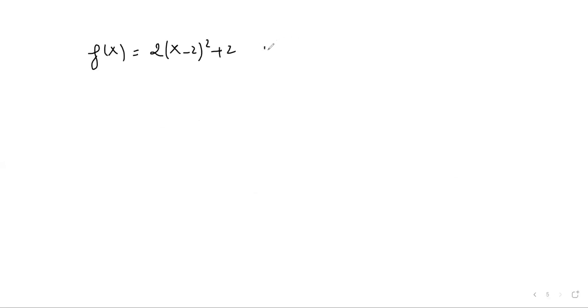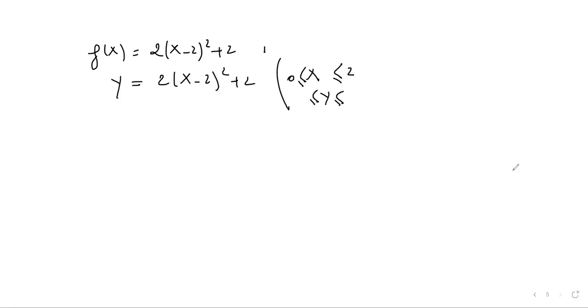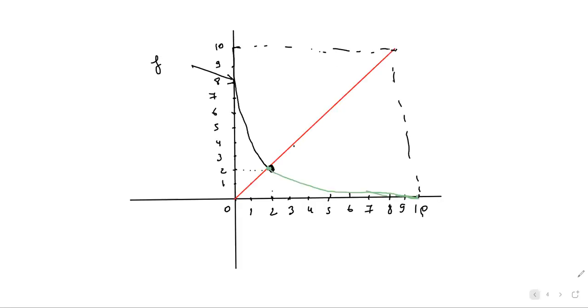And I would like to remind myself of the domain and the range. If I write y equals 2(x minus 2) squared plus 2, I have x between 0 and 2, and the range y is between 2 and 10.